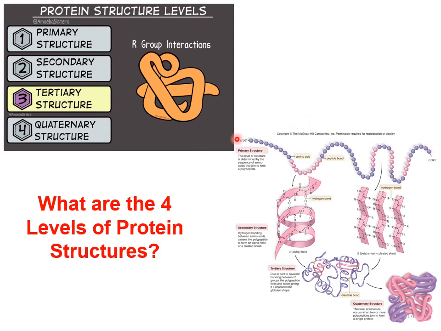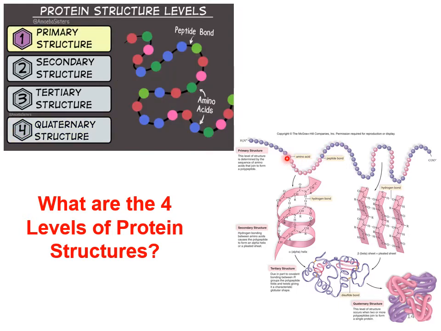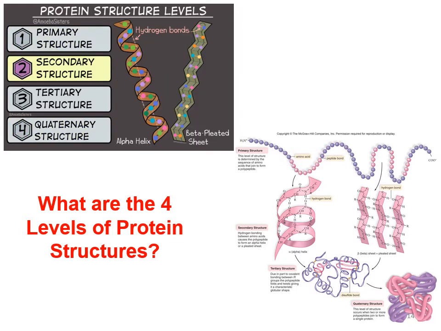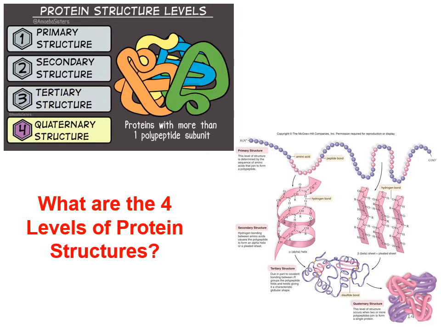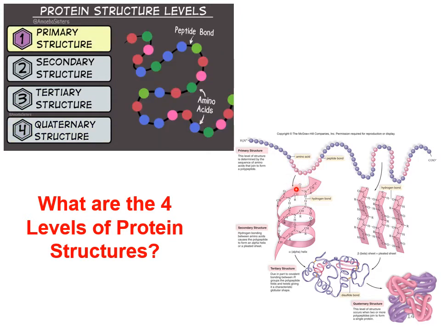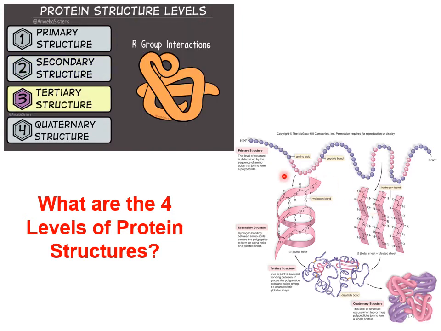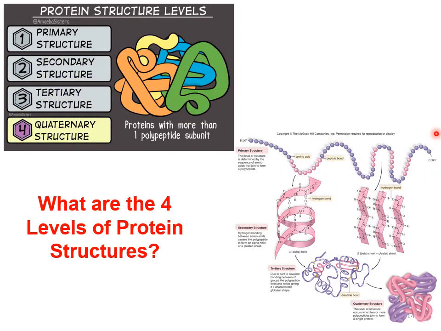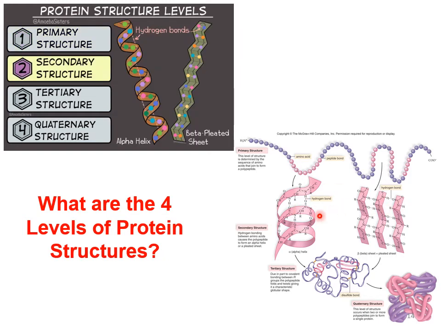When that string of amino acids starts interacting with each other, meaning an amino acid over here starts interacting with one over here, you get the second level of structure, which is a single alpha helix or a single beta sheet. That is a secondary structure. These strings of amino acids are really long, so you don't just end up with secondary structure. These start interacting with each other.